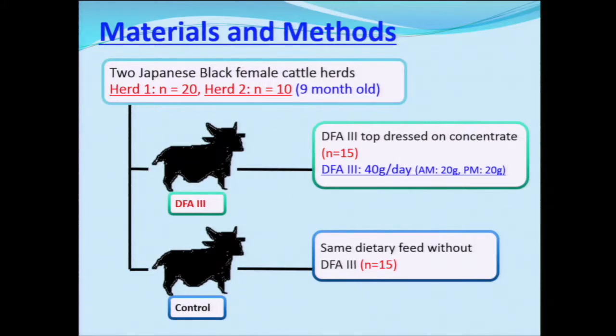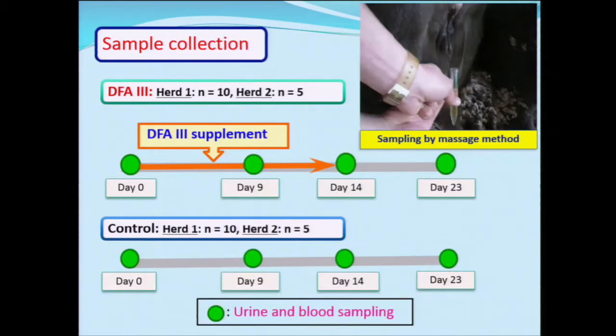The other group received no DFA and served as a control group. The dose of DFA III was based on our previous report. This slide details the protocol used for DFA III supplementation and sampling procedures.